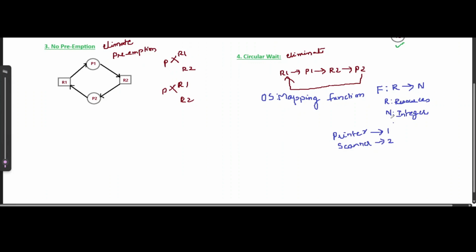Now using this function, how are we eliminating the circular wait? There is a condition given.